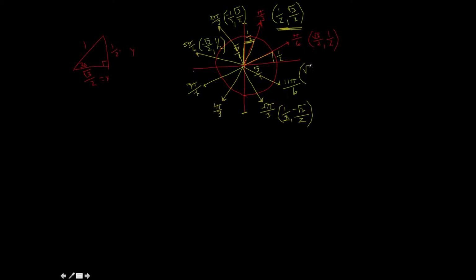The square root of 3 all over 2. And since the y value is negative, it's going to be a negative 1/2. Okay, a negative 1/2.